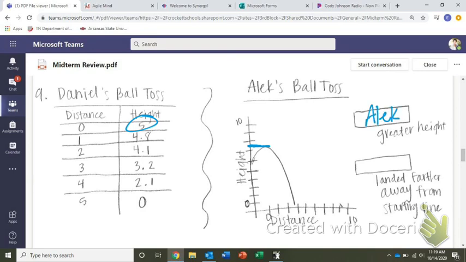Alec. Now, he wants to know who landed farther away from the starting line. Well, obviously your starting line is 0. So Daniel goes a distance of 5, while Alec only goes about 3.75. So who has the greater distance? Daniel. Okay.